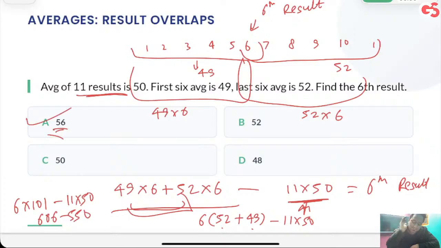Is that clear, guys? All of you got this? ठीक है, चलो next.